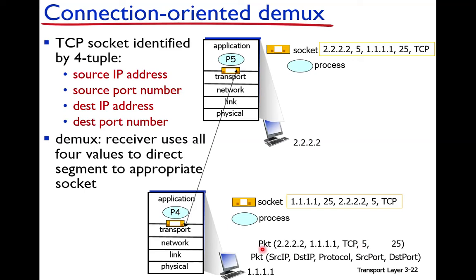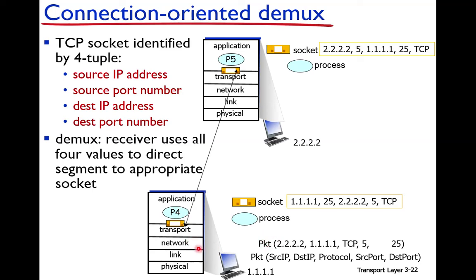Suppose this packet is received on this machine, so it will be processed by the physical layer, link layer, and network layer. When it reaches the network layer, which fields does it check? Which fields of the packet are checked by the network layer?